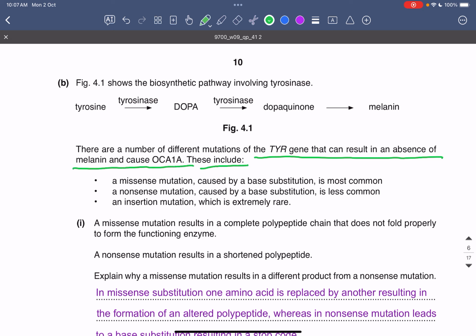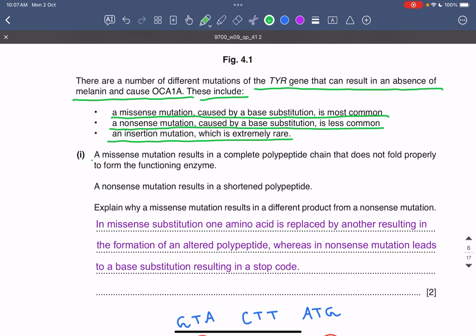These include a missense mutation caused by a base substitution, which is most common; a nonsense mutation caused by a base substitution, which is less common; and an insertion mutation, which is extremely rare. A missense mutation results in a complete polypeptide chain that does not fold properly to form the functioning enzyme. A nonsense mutation results in a shortened polypeptide.